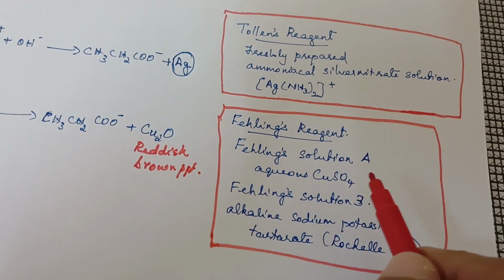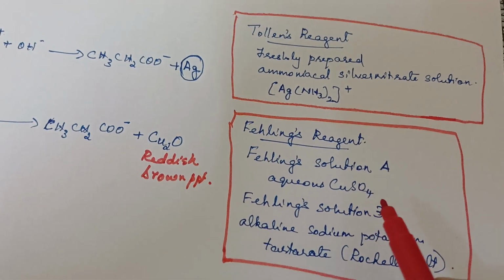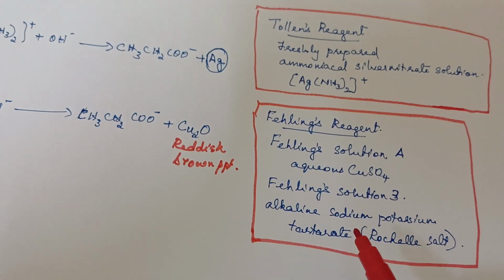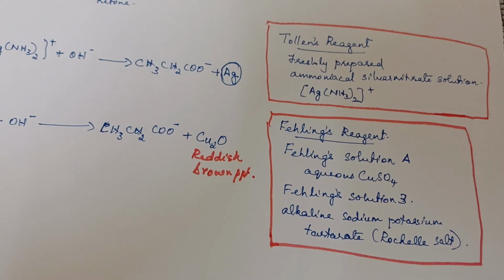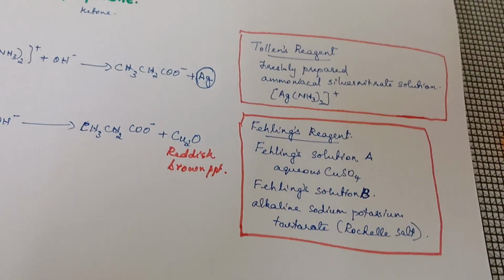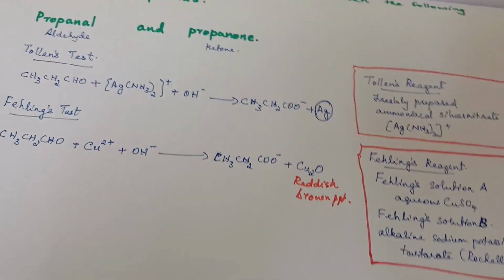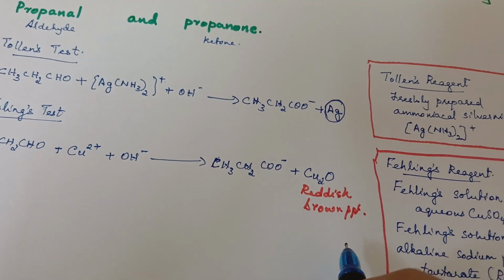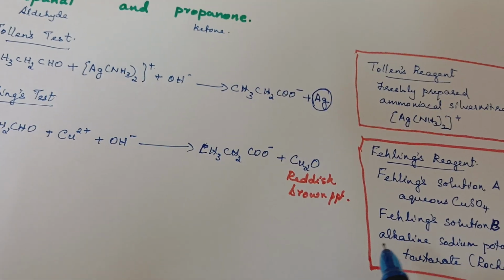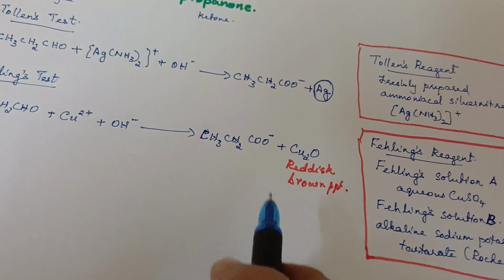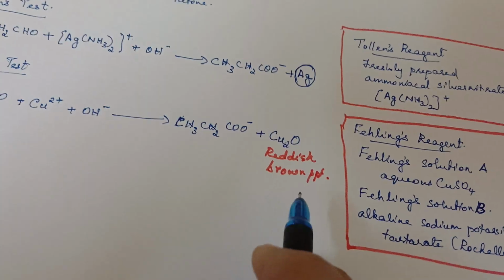Fehling solution A is just aqueous copper sulfate solution, and Fehling solution B is alkaline sodium potassium tartrate, called Rochelle salt. When heated with propanal, it will give you a reddish brown precipitate, which indicates that it is propanal, an aliphatic aldehyde.